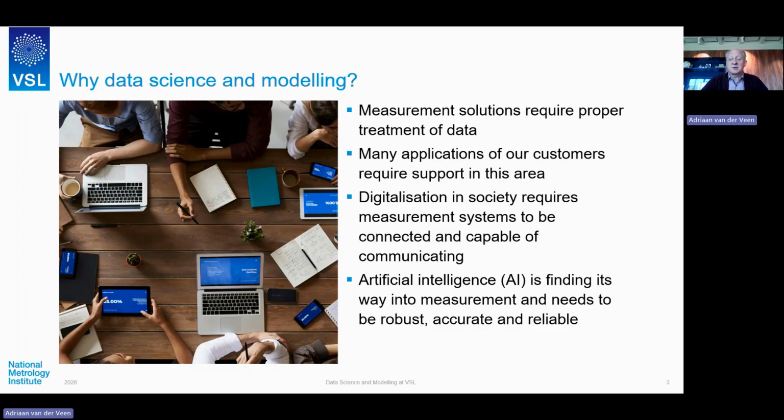And artificial intelligence finally is finding its way into measurements, and those applications need to be robust, accurate, and reliable, as we are used to from many of the measurement infrastructures that we encounter in our daily lives.